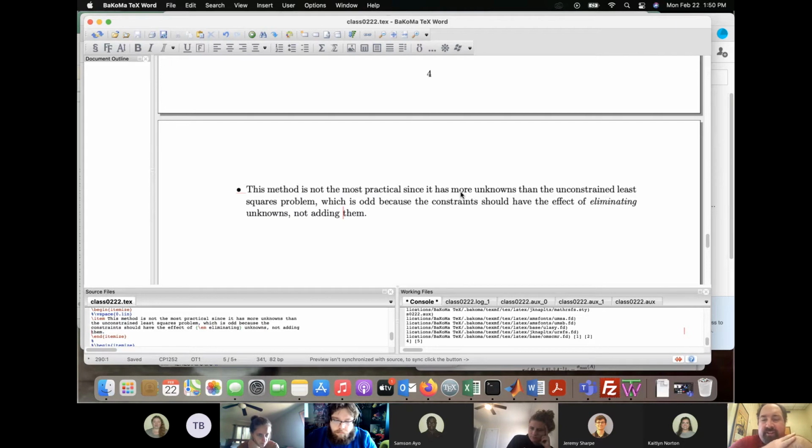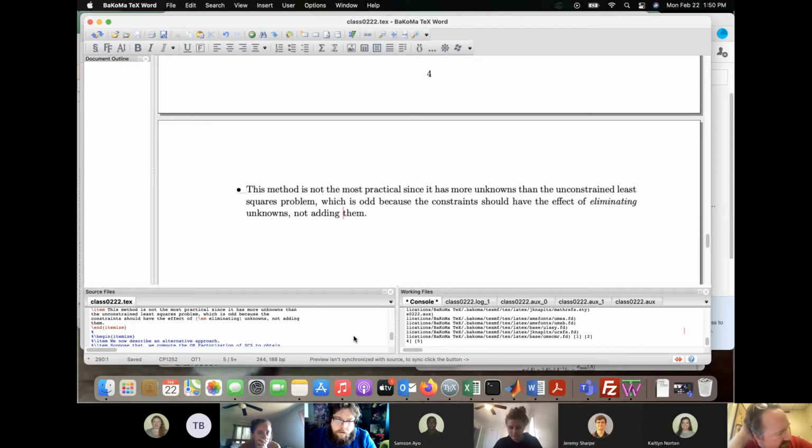If you're imposing constraints on a system Ax equals b, then you would think that should lead to a problem with fewer variables, not more. So there's a certain amount of expense added, depending on the number of constraints. It just seems a little bit counterintuitive that you're taking away degrees of freedom, therefore taking away a number of unknowns, and yet you're doing more work.